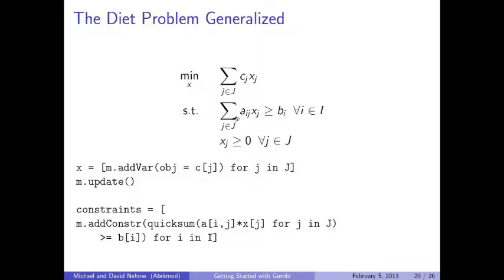So in this case, we're going to be quicksumming our nutrient density Aij times the corresponding decision variable xj, and we're going to be summing this expression over all food types j in the food type set denoted by capital J. Quicksum returns a linear expression, which is the linear combination of these decision variables. And we're going to set that linear expression to be greater than or equal to our nutrient requirement bi. We're going to repeat this process of adding a constraint for every nutrient i in the constraint set capital I.